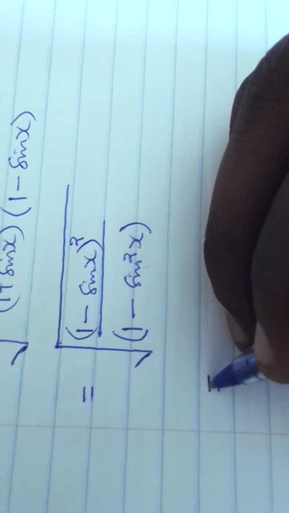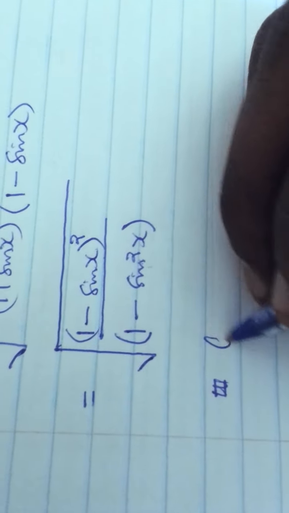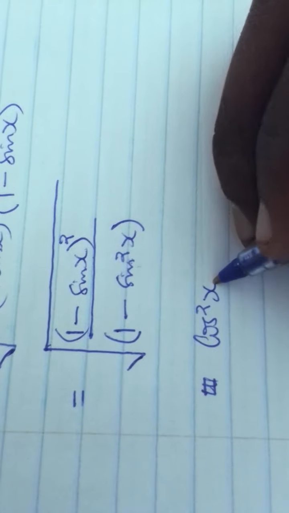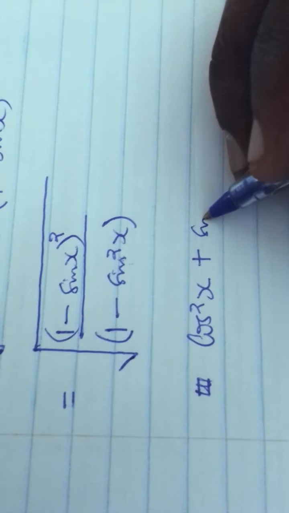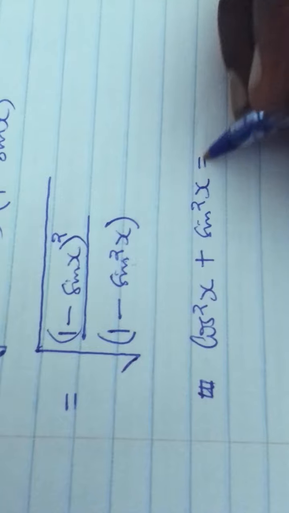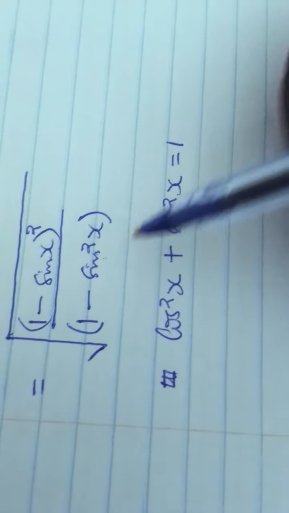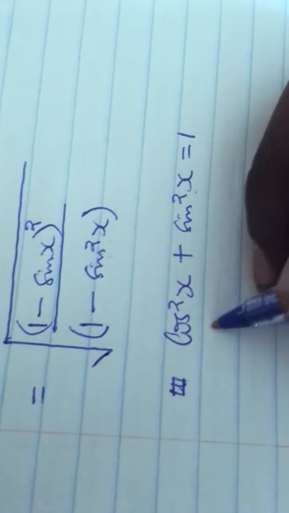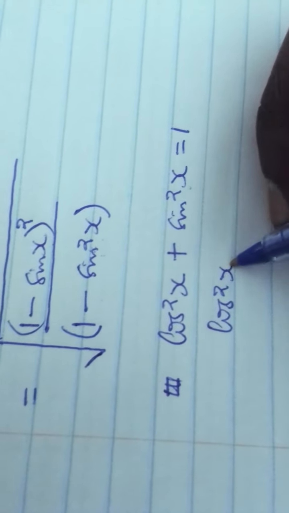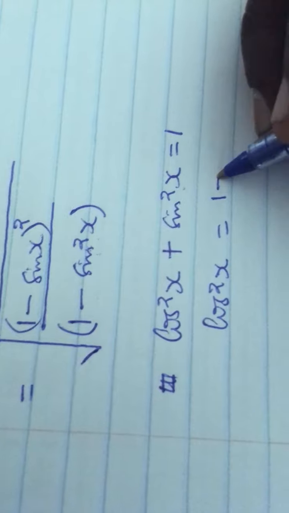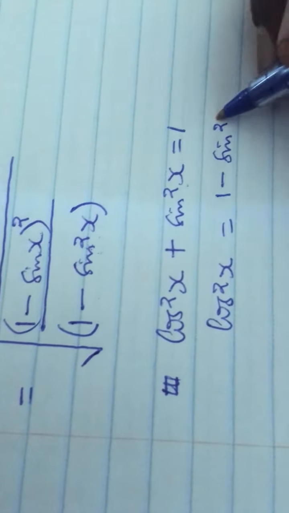No. Now when you look at our denominator, using the other equations we had, cos squared x plus sine squared x is equal to 1. Here we have 1 minus sine squared, so if we bring sine this side, cos squared x is equal to 1 minus sine squared.